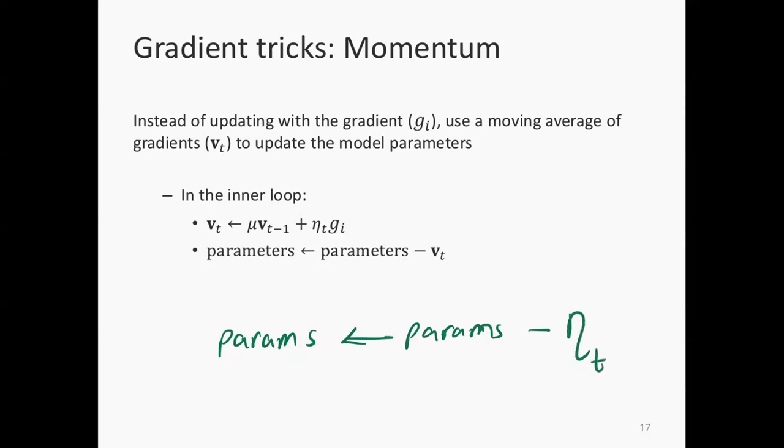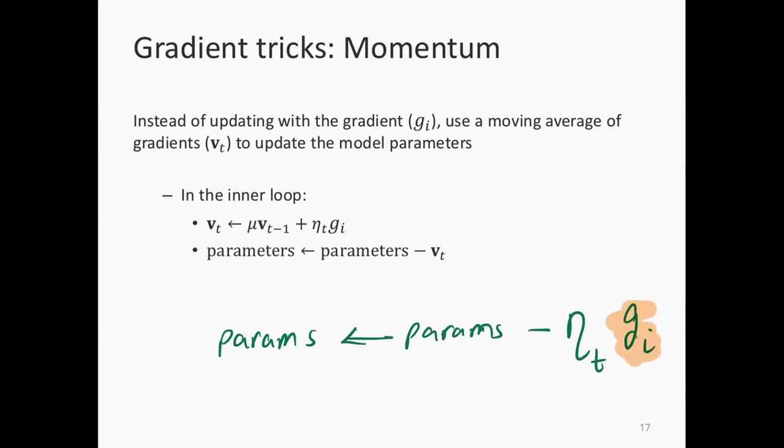This time I'm using eta instead of gamma. I'm not sure why. Times the gradient. G is always the gradient here. This means that the only gradient that matters for the update is the gradient that you compute for the current mini batch. All the previous gradients are tossed out.